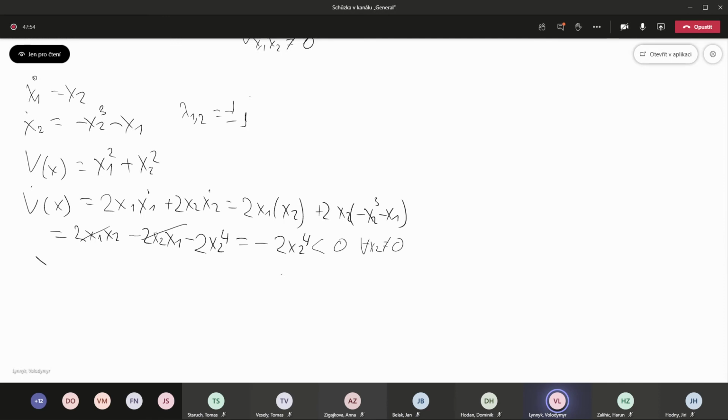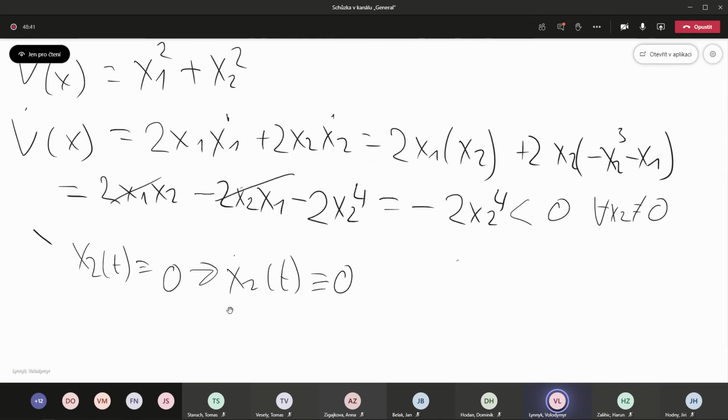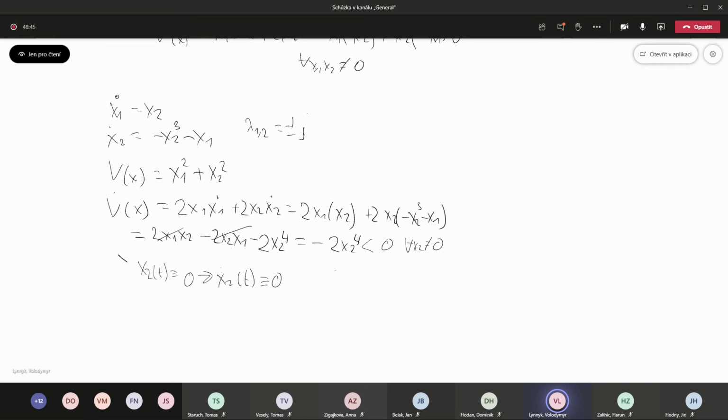We know that x2 goes to 0 here, and if x2 in time is equal to 0, then x2 dot goes to 0 too. If x2 goes to 0, then x1 goes to 0 too.